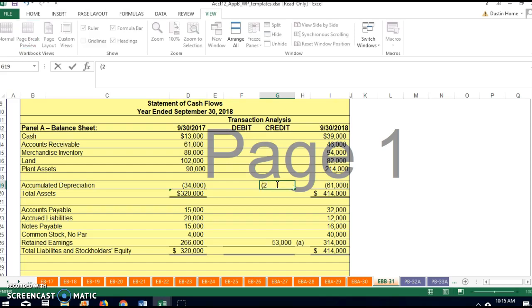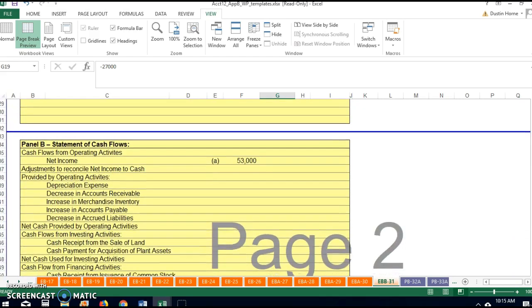So $27,000. And the reason it is a contra asset account is because it decreases the value of an asset, a plant asset. Plant asset has a debit balance, so to decrease it, instead of crediting the plant asset, we credit the account called accumulated depreciation. So here we have accumulated depreciation.